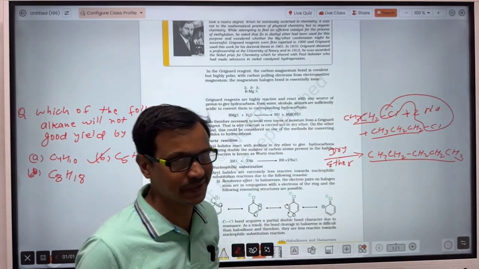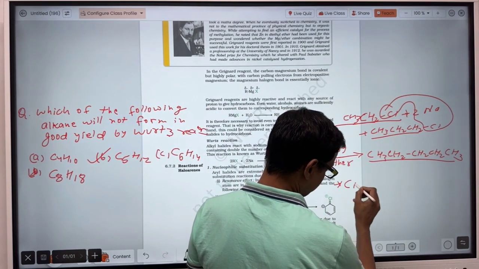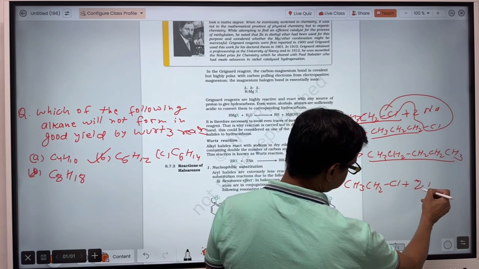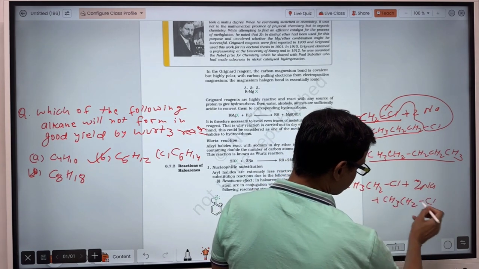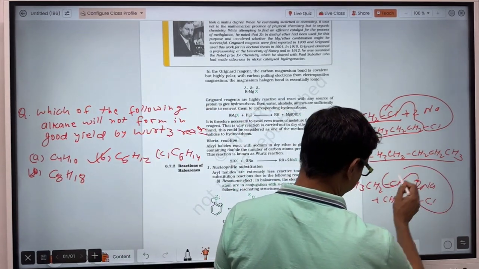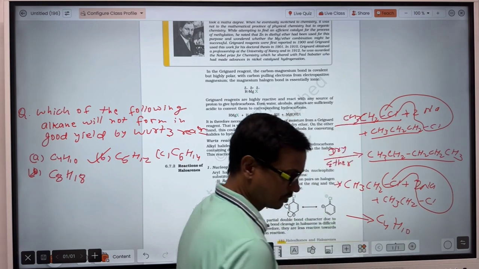But not only this one will be the product. What actually happens is that the chloroethane molecules will also react with other chloroethane molecules. So there will be formation of C4H10 also.